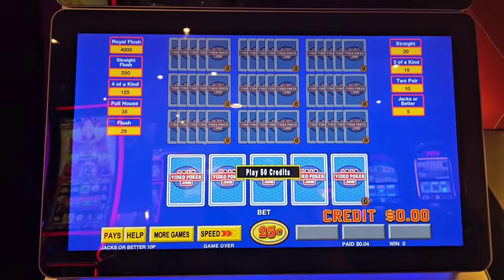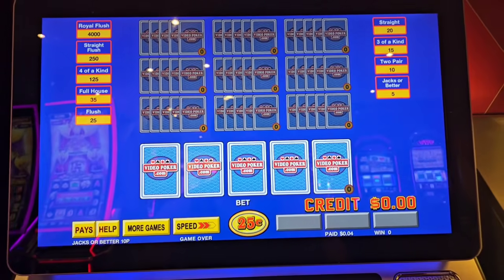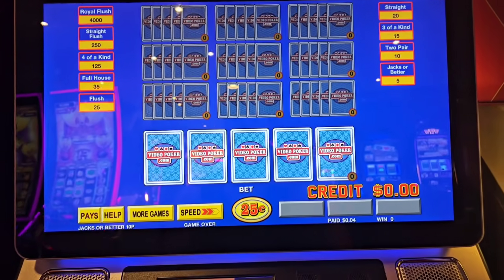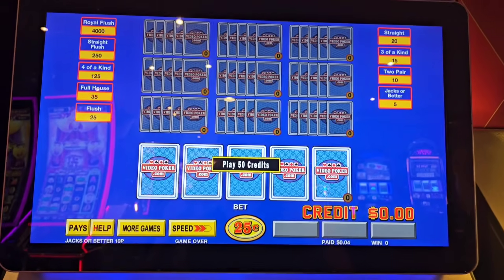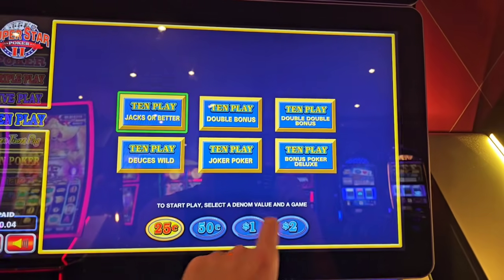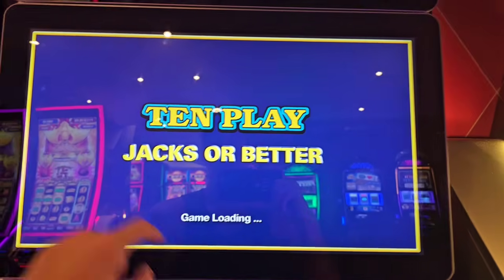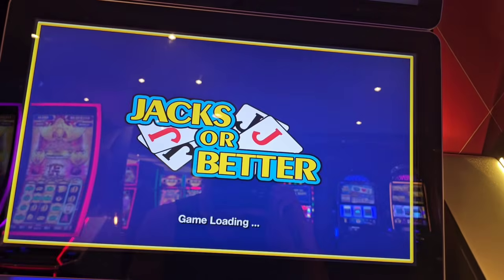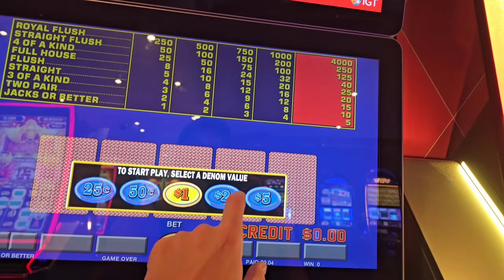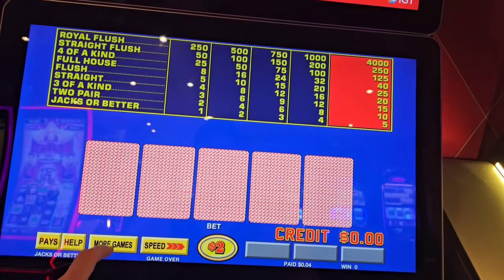Like, you're going to bet big anyway. If you bet big on a low volatility game where it's spread out over 10 hands, it's going to reduce your variance quite a bit relative to playing a single line at dollars, for instance, or a single line at $2, which would be $10 a spin.